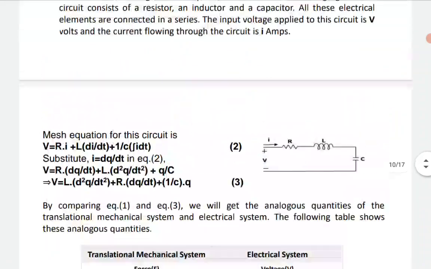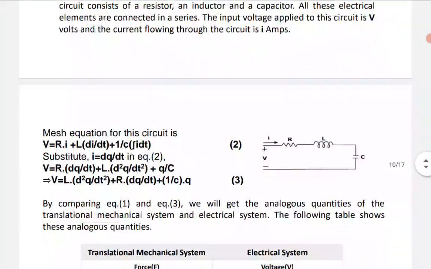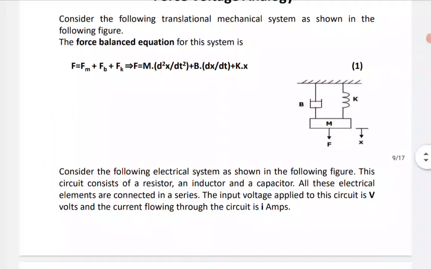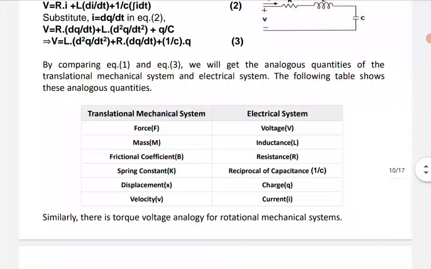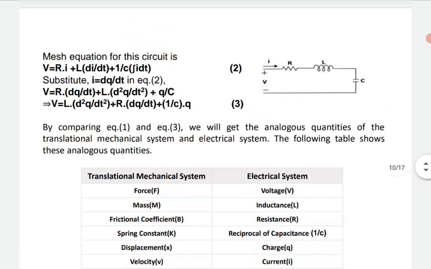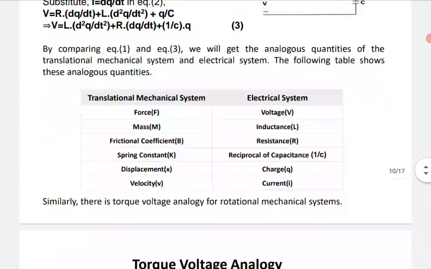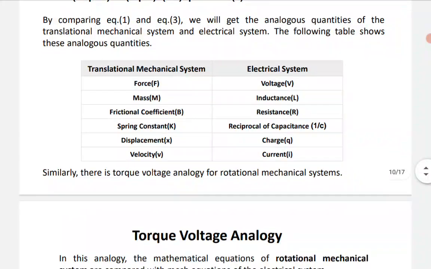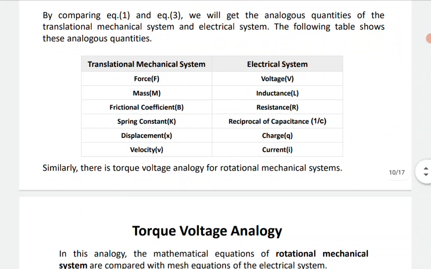Friction coefficient B should be compared with resistance R. Spring constant K should be compared with the reciprocal of the capacitance, 1 by C. Displacement x should be compared with charge q. Velocity v should be compared with the current I. So this table should be on your mind to evaluate the respective equivalent diagram. Otherwise you have to evaluate with the help of mathematical analysis. Okay, this is valid for the force voltage analogy system.